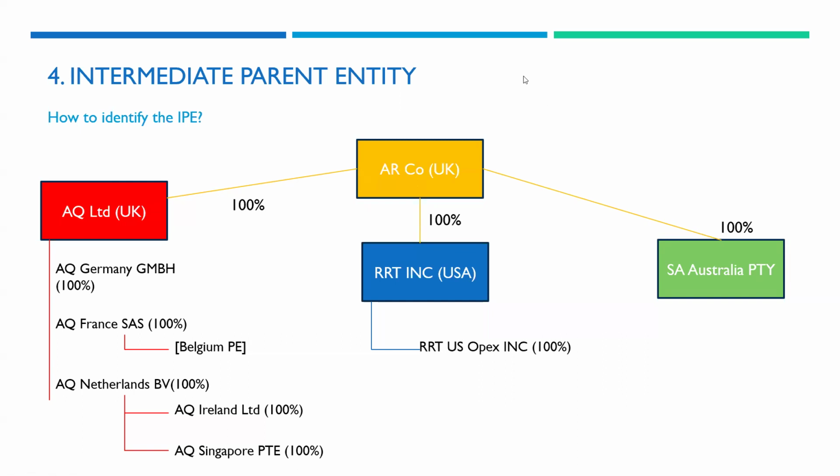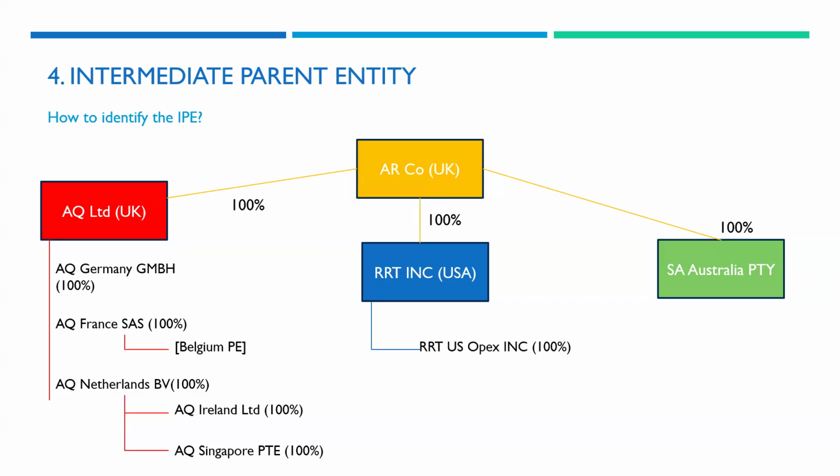Given a scenario that ARCO is in the UK, let's imagine that it is in Cayman, or in a jurisdiction which does not have Pillar. Now, the IAR has to be collected by the IP. Who's the IP in this scenario? What is the definition of IP? IP is an entity which owns a controlling interest in another entity, and it is not the UP. Correct?